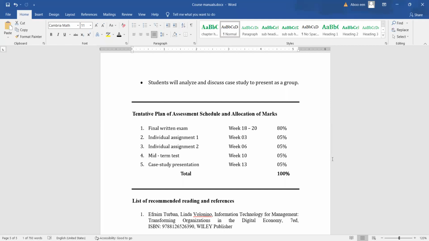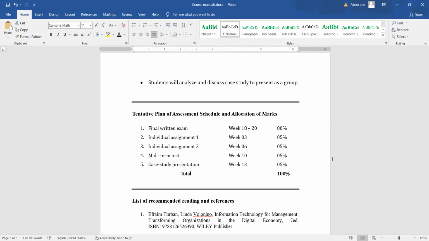The midterm test is in the 10th week, after 2.5 months, when you will be asked to sit for a midterm test. For that midterm test also, I'm going to allocate 5% of the 20 marks in the continuous assessment.